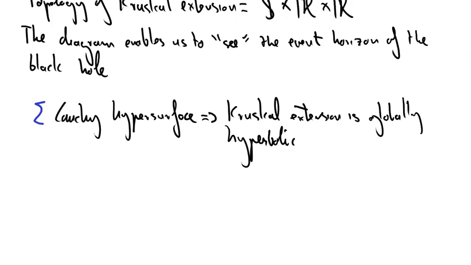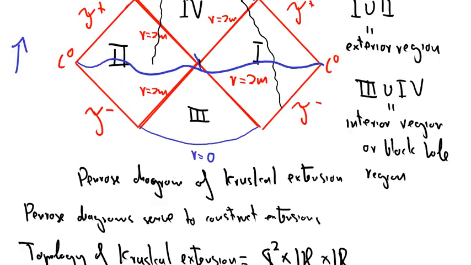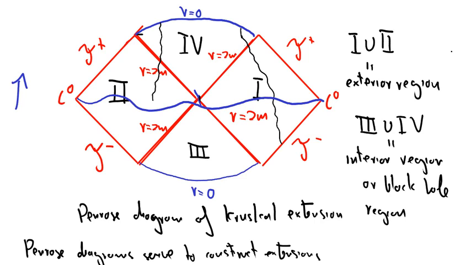And again, this is very easily seen in the diagram because, taking advantage of our ability to draw causal curves, we can see that any inextensible causal curve, meaning a curve which has an endpoint on the conformal boundary, will have to cross this hypersurface sigma.